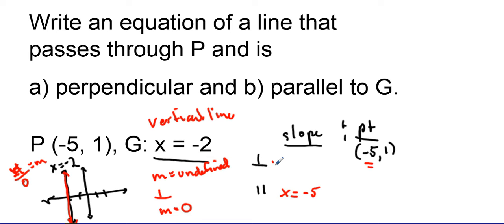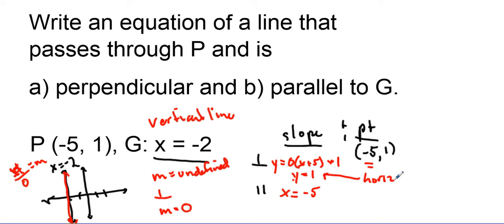That would be y equals 0 times x plus 5 plus 1, which would just be y equals 1. A horizontal line. So through this point (-5, 1), we have a horizontal line for our perpendicular to this line.